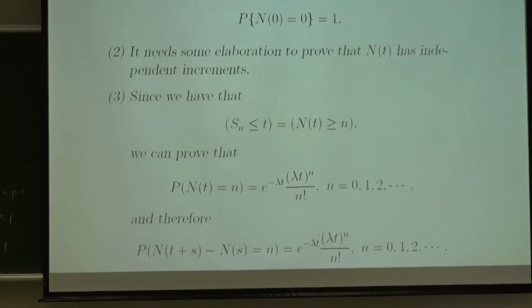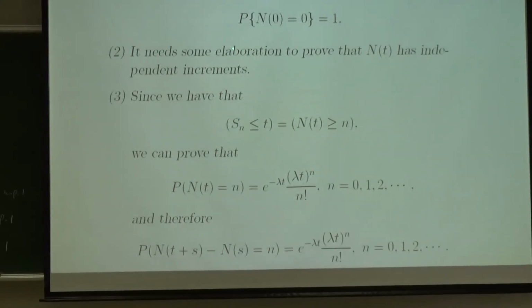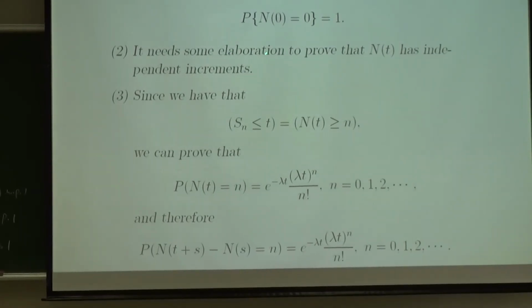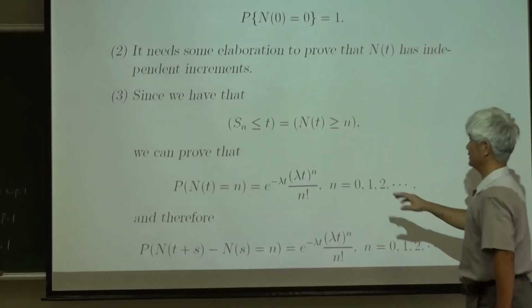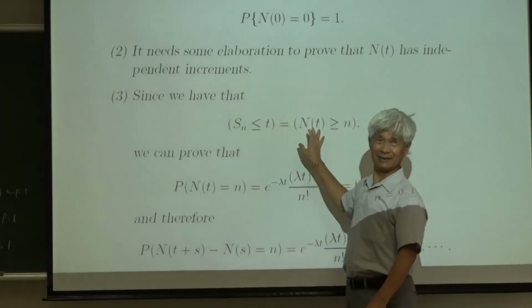Let's just skip it. Now, the event that the nth arrival time is less than or equal to t means that N(t) is greater than or equal to n. So they are equivalent to each other.